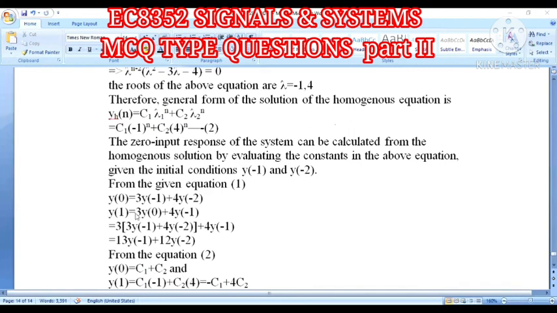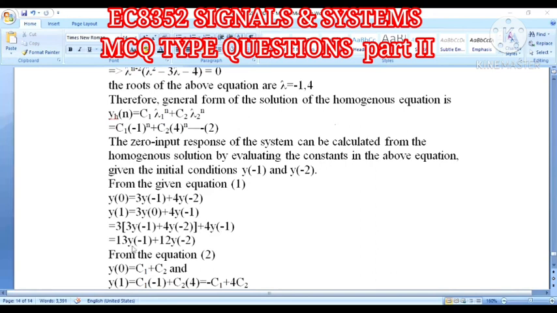Now y of 1 equal to 3 times y of 0 plus 4 times y of minus 1. So 3 into 3 times y of minus 1 plus 4 into y of minus 2, plus 4 into y of minus 1.